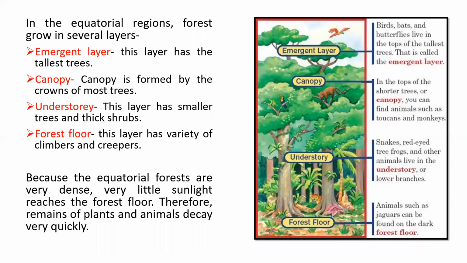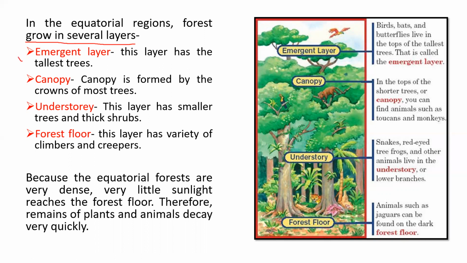Now, you have to understand one thing, that in any forest, there are several types of plants. There is no forest that has the same type of plantation. So several types of plants and trees are there in a forest, and those have been divided into 4 layers. Forests grow in several layers. So here we will study the 4 layers.